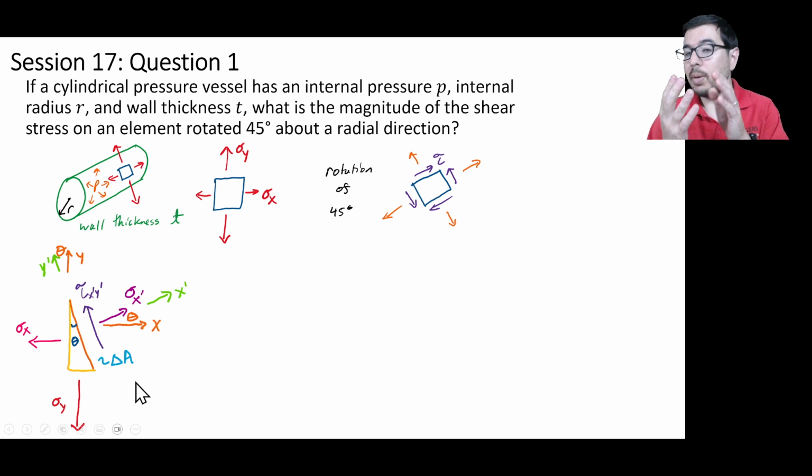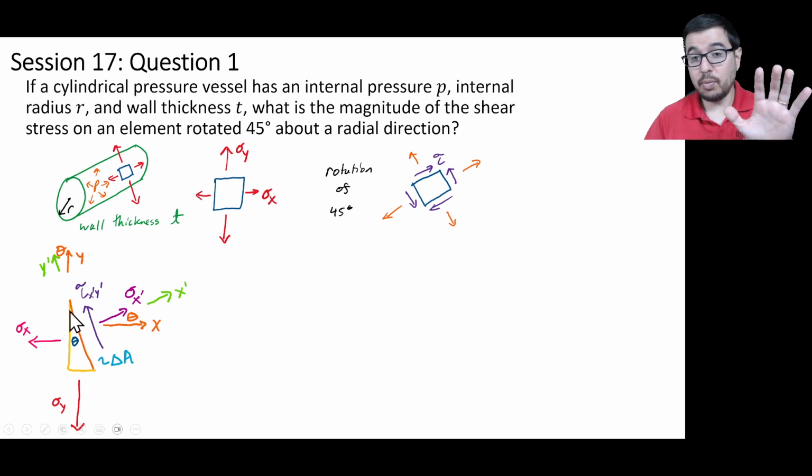As we described in class, both of these elements, this element and this element, have a depth that we don't talk too much about, but if we said that depth was h, for example, then the length of this side times h would be giving us an area. We're going to assign it to be delta A. And this edge is really the hypotenuse of this triangle.